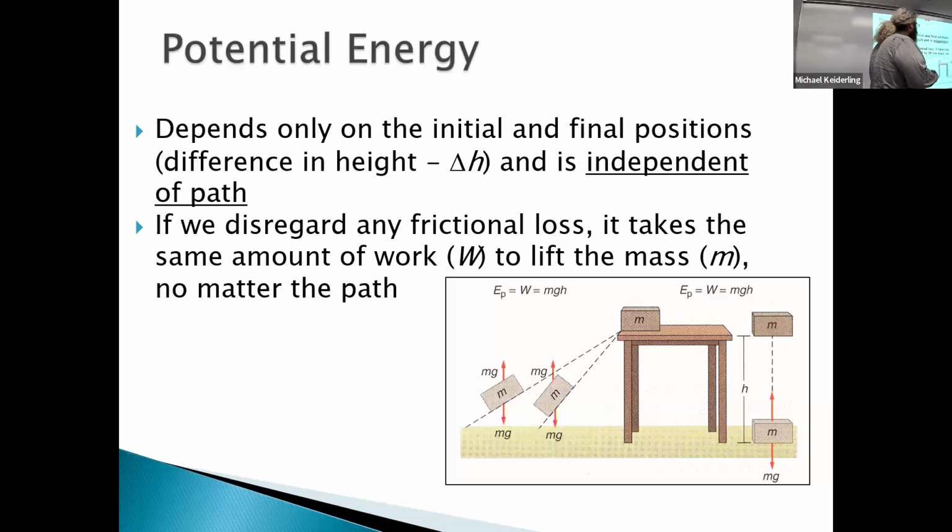When you're moving it at an angle like this, basically what happens is the distance is increased, but the force you're applying in the direction of motion is also decreased, and it balances out if you work out the force from the work another way. But it ends up being independent of path.